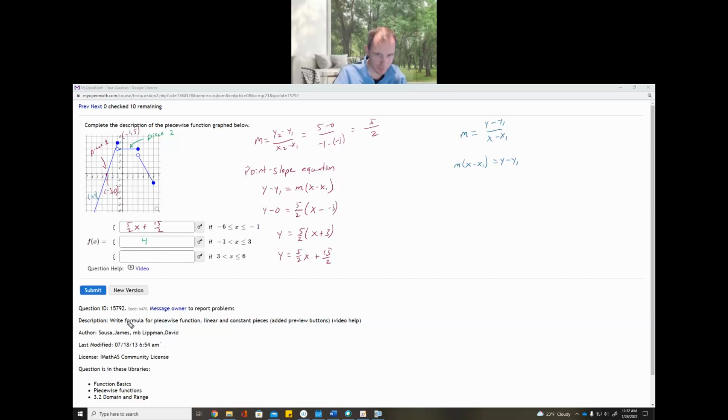All right. And then when I go to the last piece, watch, piece 3, here I need 2 points. This first point isn't really on the graph, but I kind of run right into it, so I'm going to use it anyway.